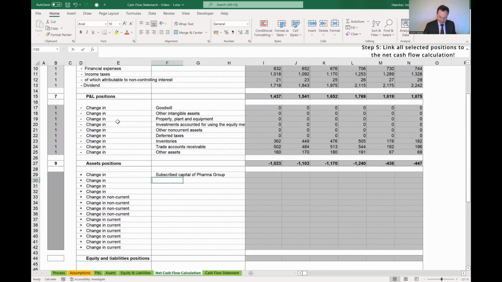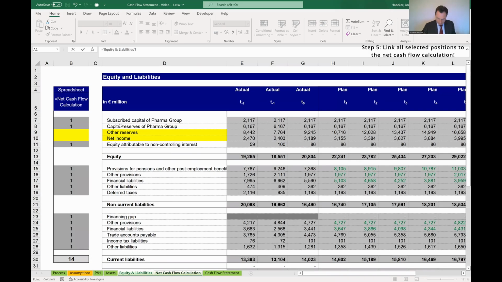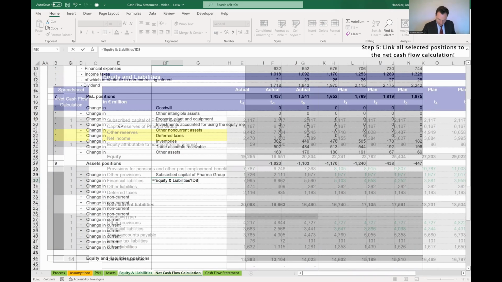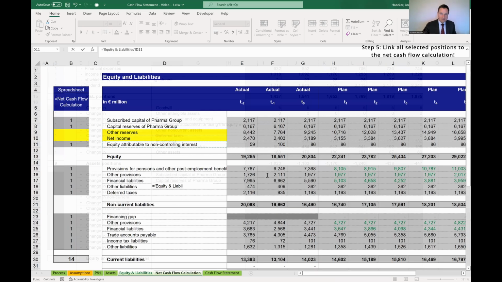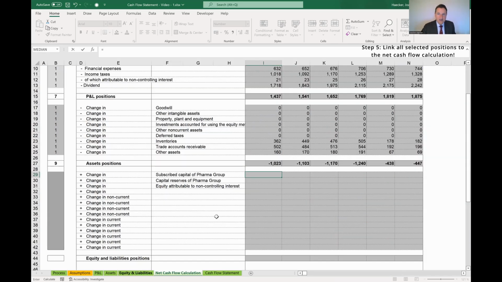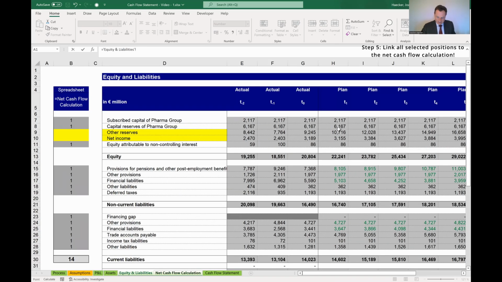I'm taking the change in the capital reserves, and then I'm taking the equity attributable to non-controlling interest in terms of financial figures. This one minus that one.